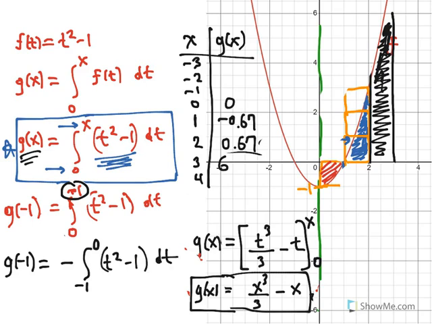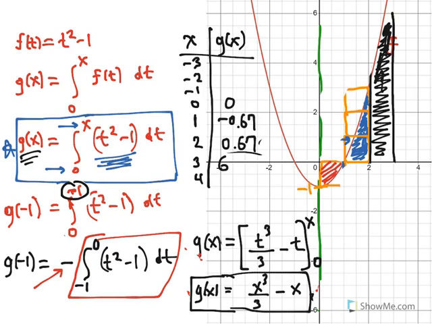So now how do we do this graphically? You're going to look at what you have here, and you're going to interpret that as the area between the graph of f and the t-axis from t is equal to negative 1 to t is equal to 0. And then after you find that area, you will multiply by negative 1.